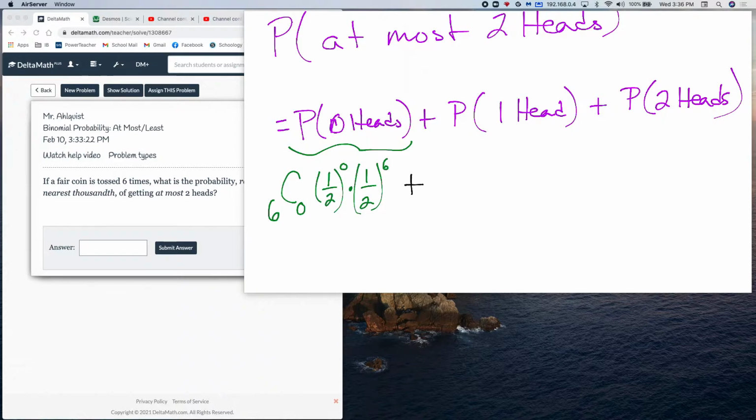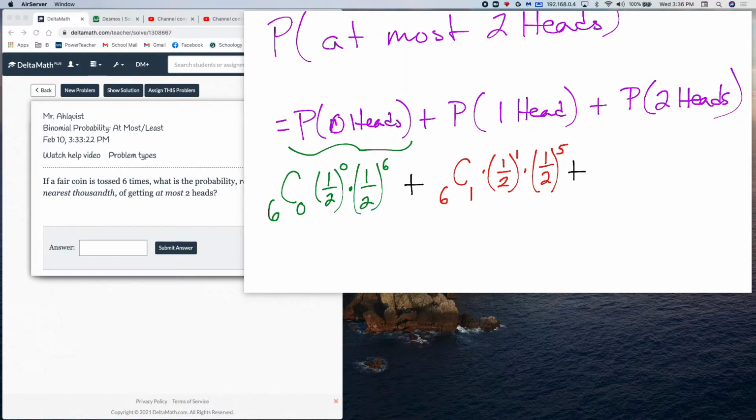Plus, now let's do 1 head. So that's 6 choose 1. Probability of getting 1 head is 1/2 to the 1st. But now all the rest are going to be tails, so that's going to be to the 5th, because remember you're tossing it 6 times.